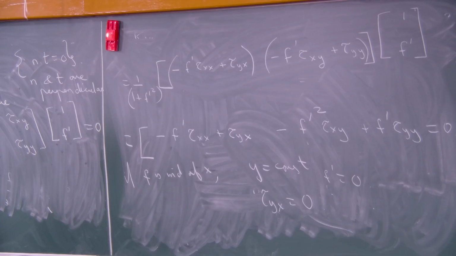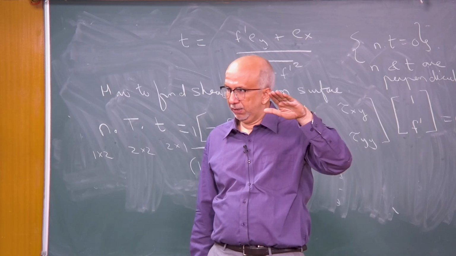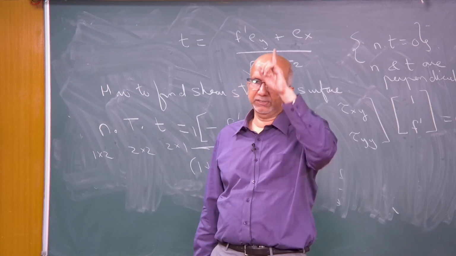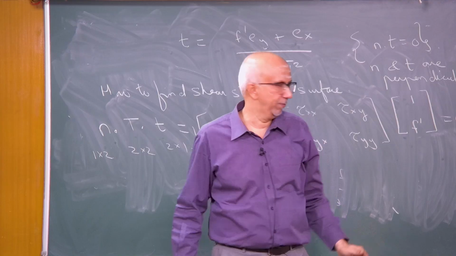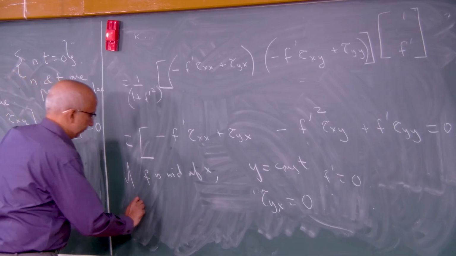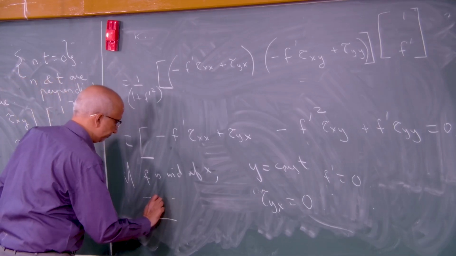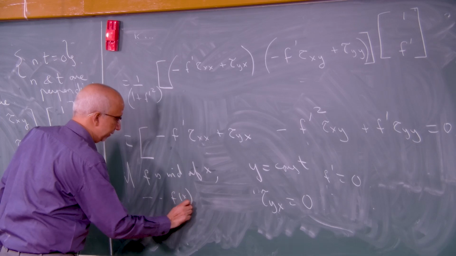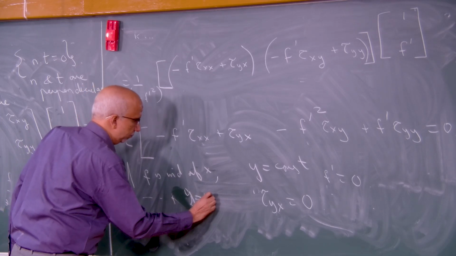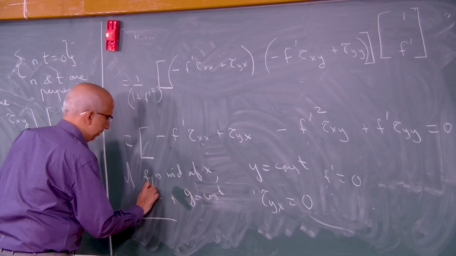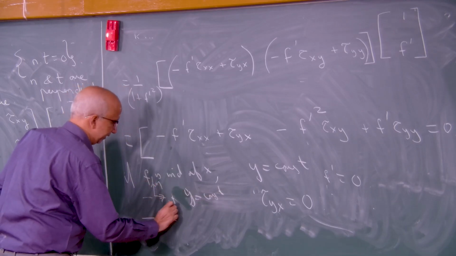And that is basically what you expect, because if the surface is flat, y is the normal direction and x is the tangential direction. For this case, f of x is constant, y equal to constant, this is the normal direction and this is the tangential direction.